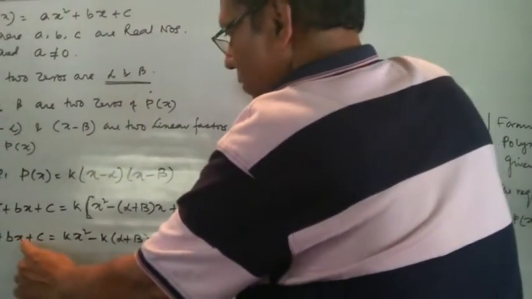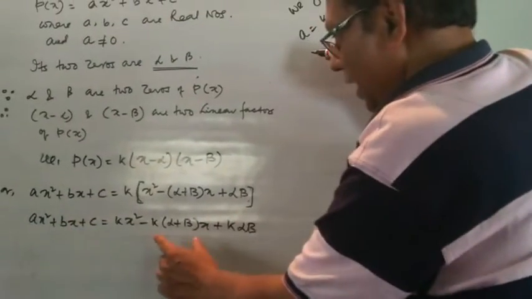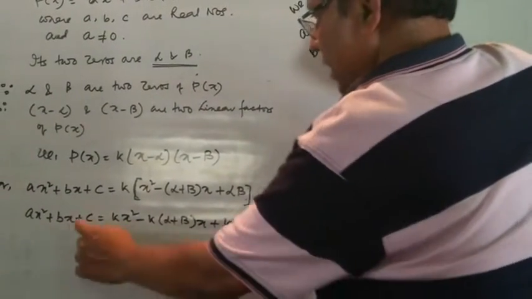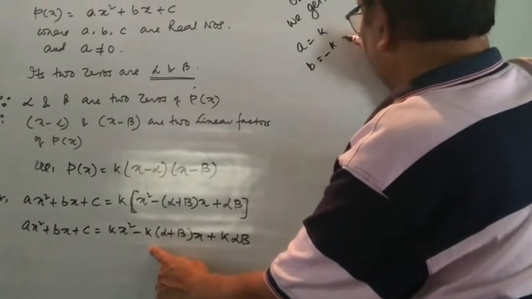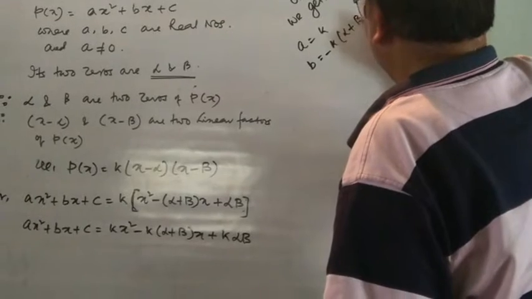First one. Now x's coefficient is b, and x's coefficient on the right hand side is minus k(alpha plus beta).